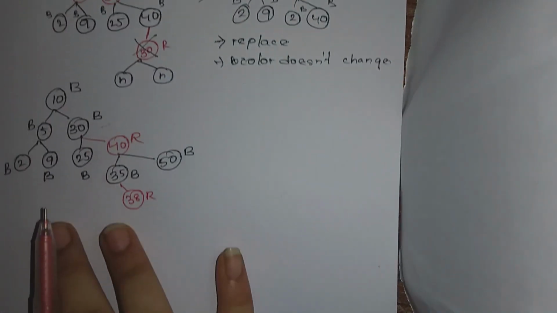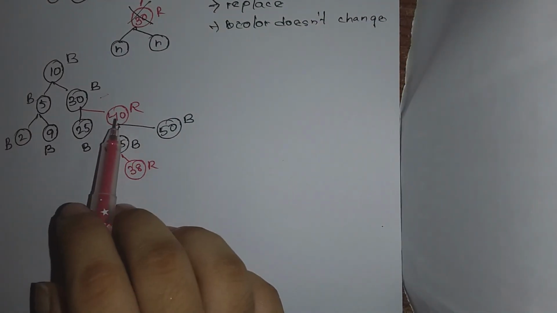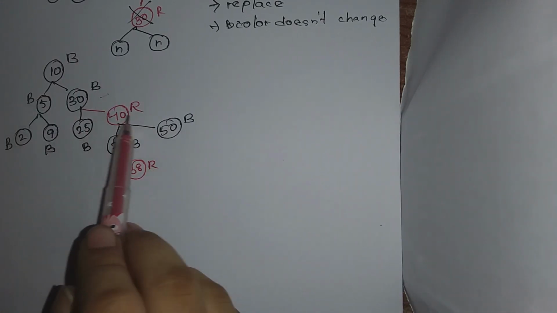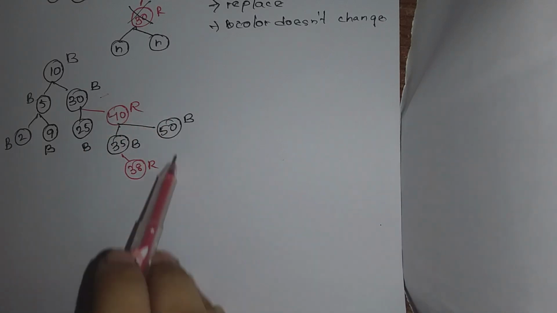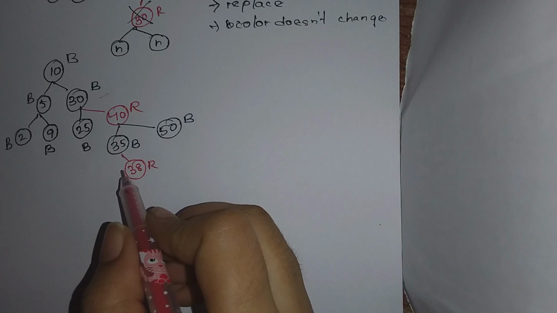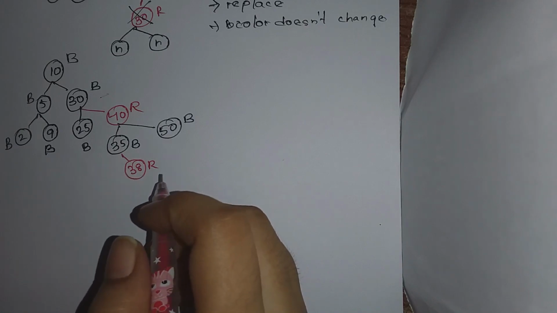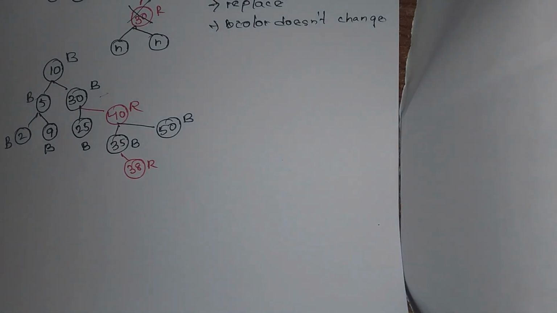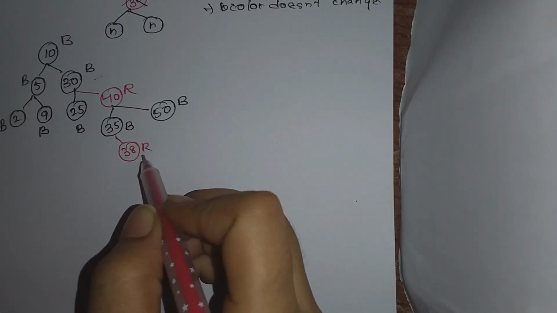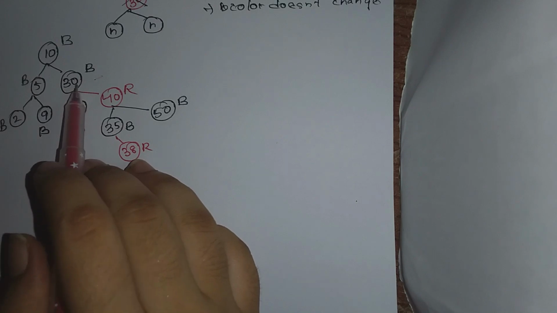Deletion of 30: it has two children, and we go to the right of the 30 and take the smallest value. What is the smallest value? It's 38.